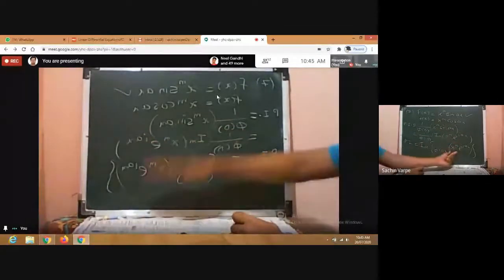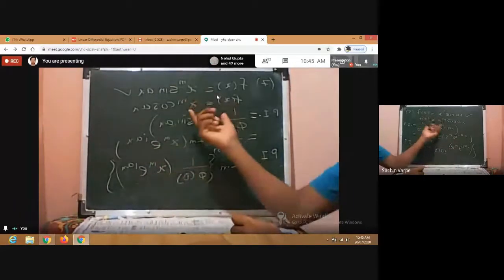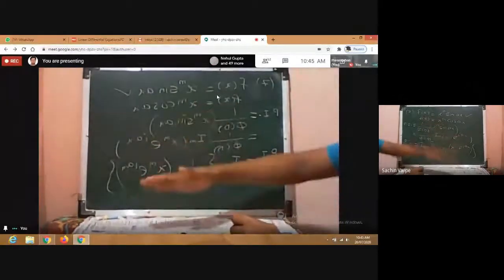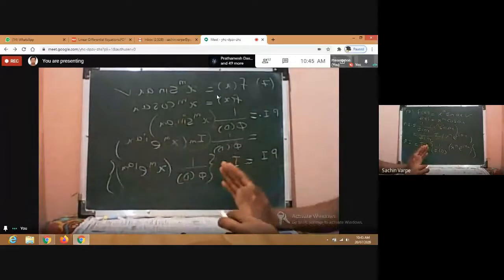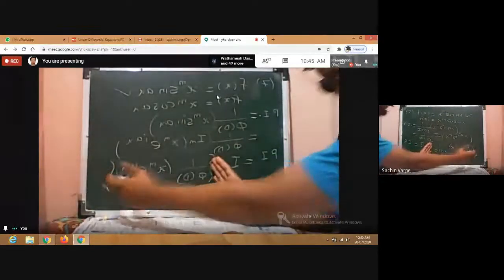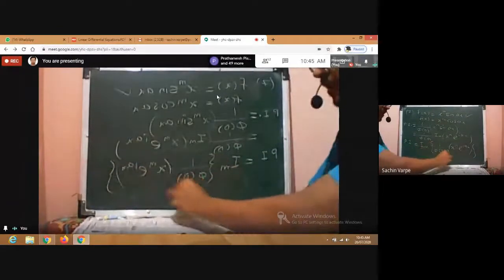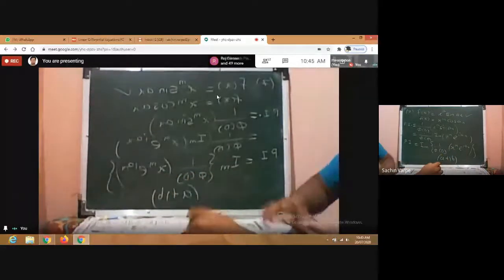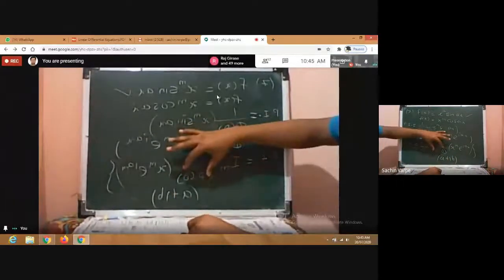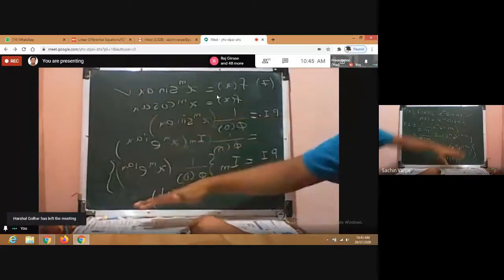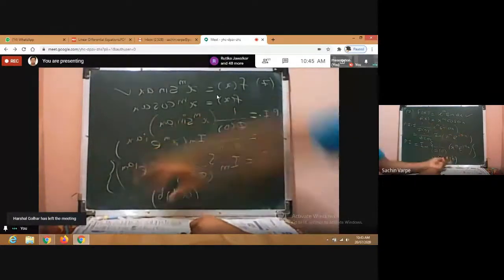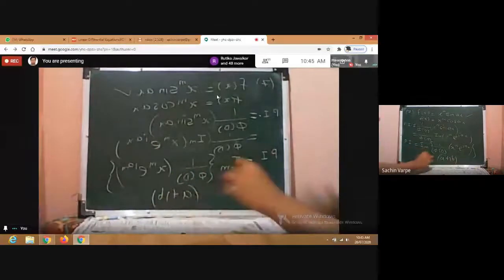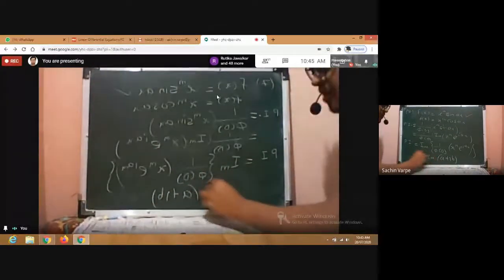Then based on V, we'll use the case of polynomial function, and so on. Finally, after eliminating phi of D throughout, the whole bracket will be of the form a plus ib, and its imaginary part will be our particular integral.